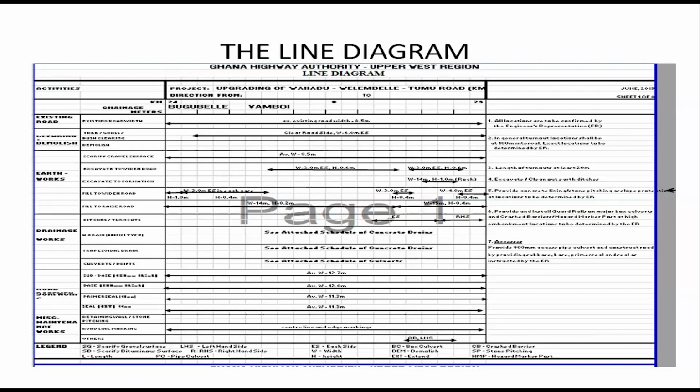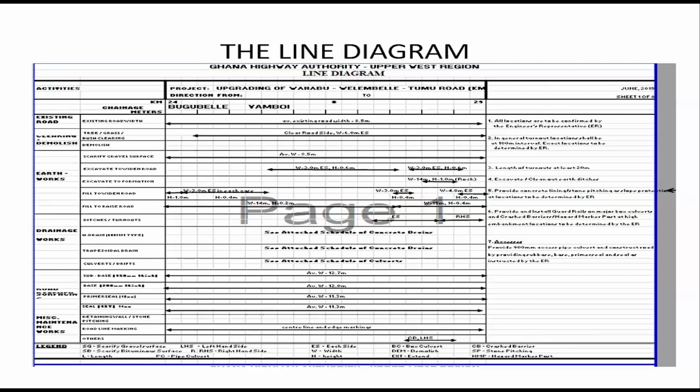We have the earthworks, which are broken into cuts to fill, cut to widen, etc. Then we have the drainage structures, and then we have the pavement miscellaneous, and then under it is the legend. So this is a project upgrading the Wahabu Olembele to Tumu Road. So this is a typical line diagram.